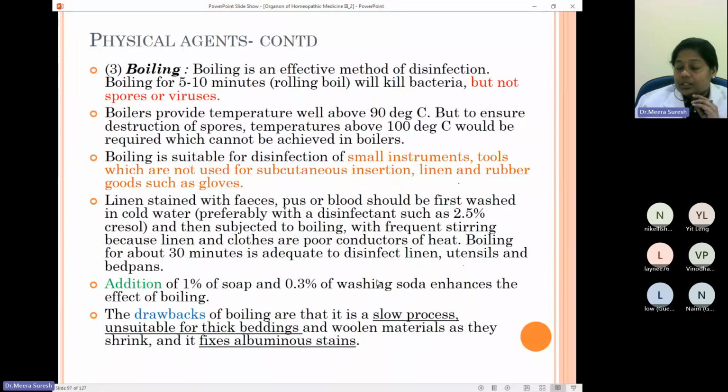The feces, the pus, the sputum, the blood, everything has some nitrogenous waste or protein in it. If we directly put it in boiling or use boiled water to clean it, it will result in coagulation of that protein, so the stain becomes fixed. So it is better to first clean it with cold water, and then use the boiling process for disinfection. So these are the three drawbacks of boiling.